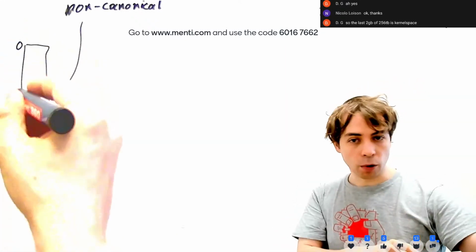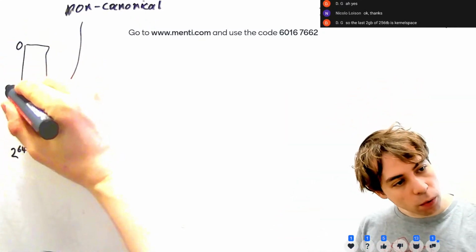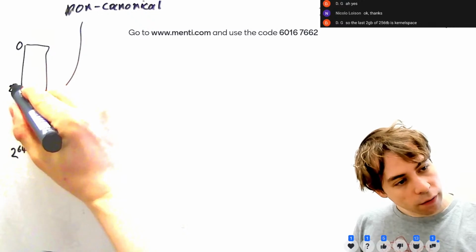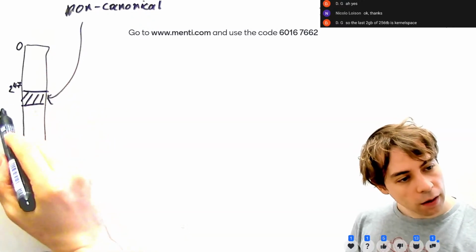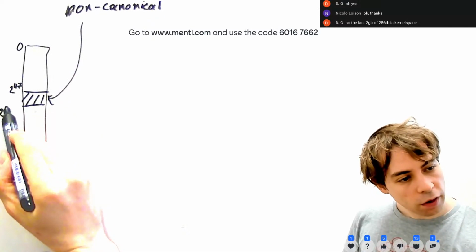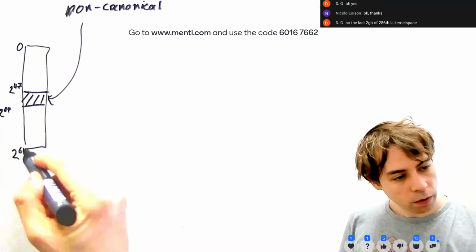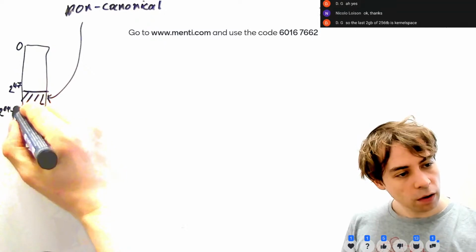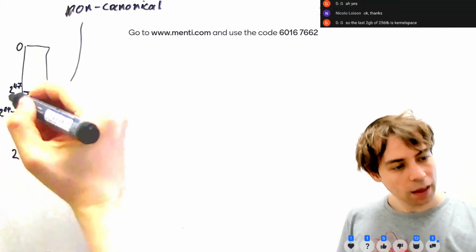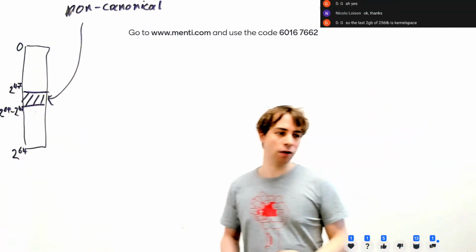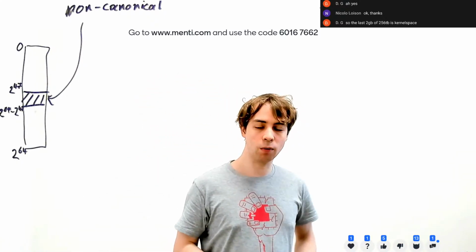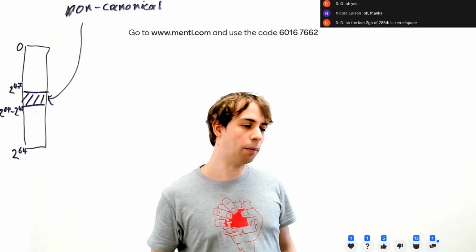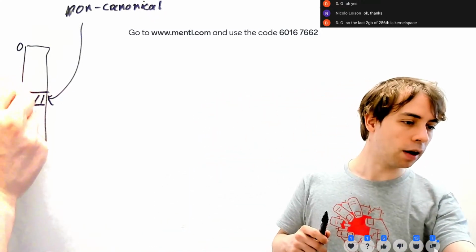Let's see where these borders are. So this goes up to 2 to the 47. And this is 2 to the 64. So this number minus 2 to the 47. This is of course not so nice to write down. So let's write this also in a different way that is easier to remember.